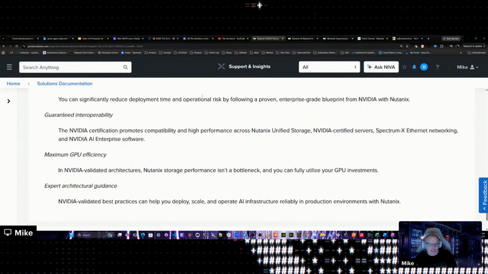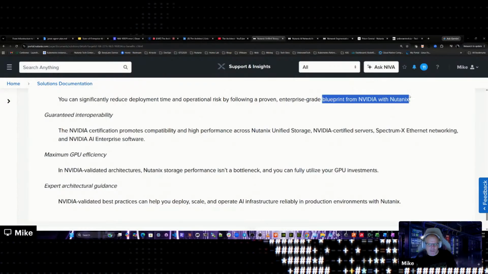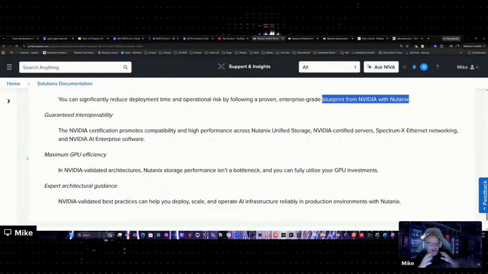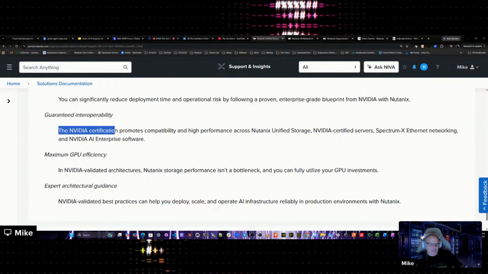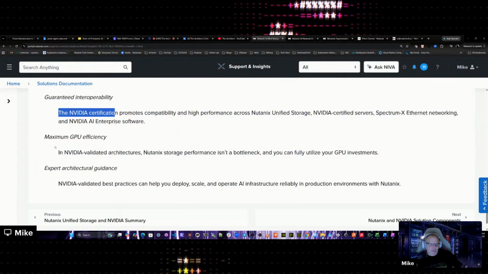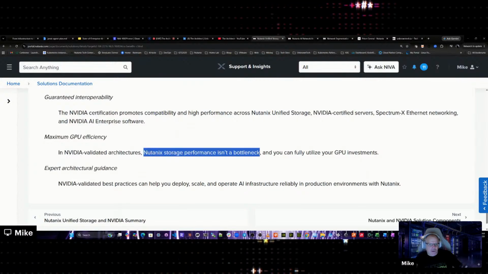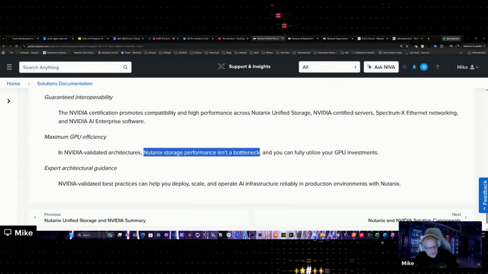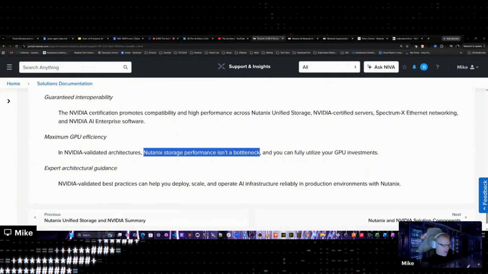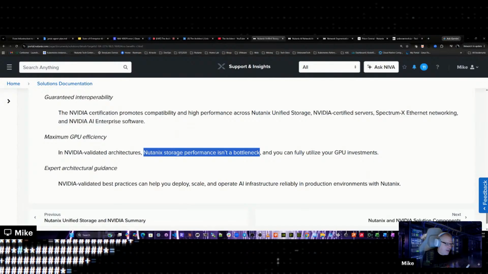We're reducing risk because we're following the blueprint from NVIDIA and Nutanix. So it's a combined solution, right? And there's guaranteed interoperability because of that, because it's NVIDIA certified. And we're providing maximum GPU efficiency. You're going to see this in a minute. Nutanix storage performance isn't the bottleneck, right? So when you look at solutions, right, your storage solutions for your AI platform, you're thinking, oh, I can't use a name brand solution.